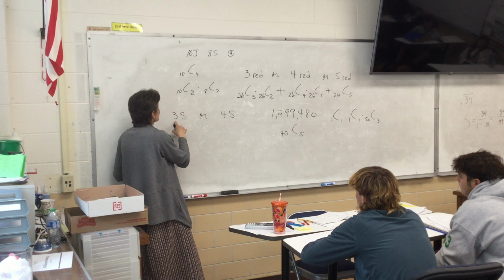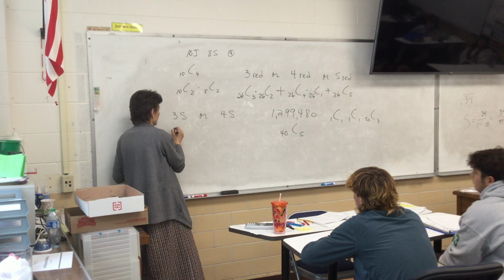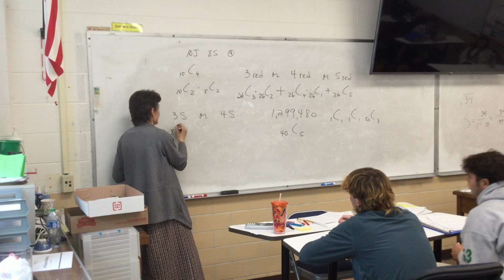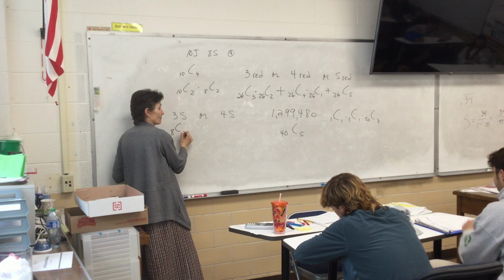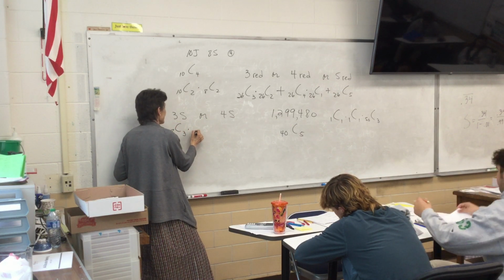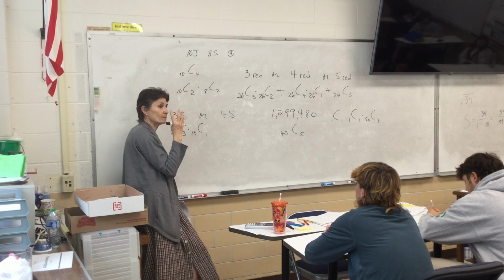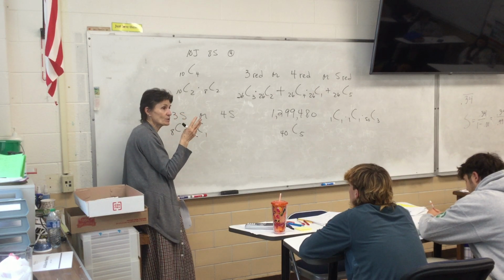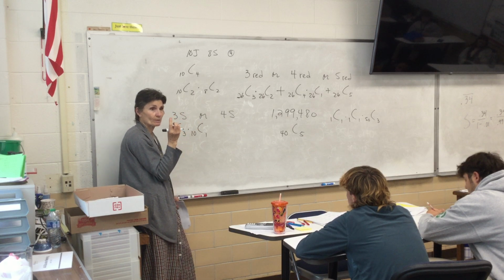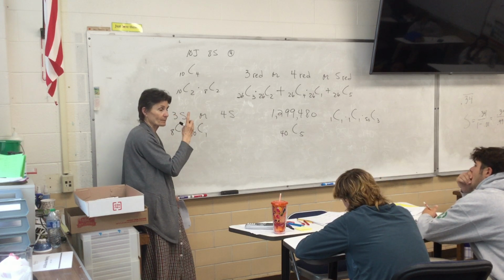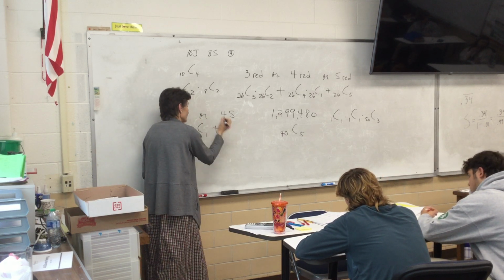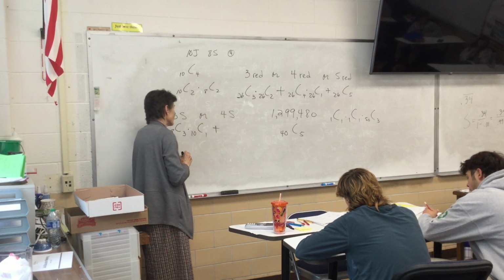So what does 3 seniors look like? 8C3 times 10C1. Remember, I'm picking 4. If 3 of them are seniors, one's got to be a junior. Agreed? Or I can get all seniors.